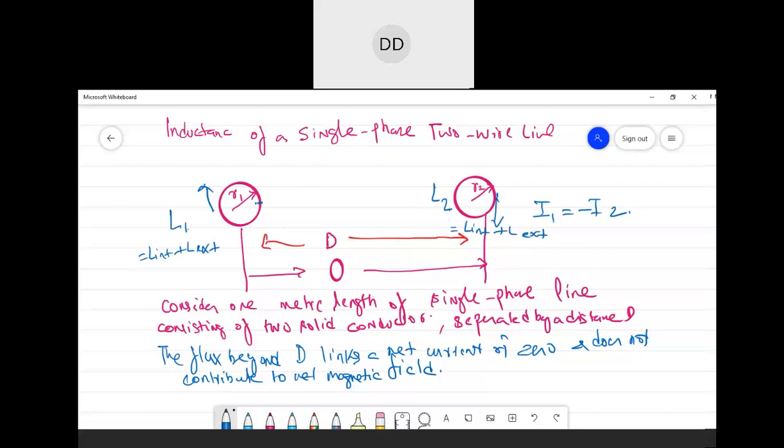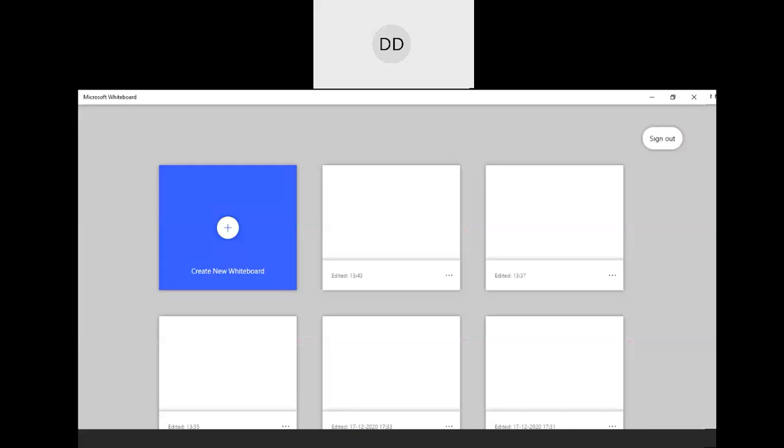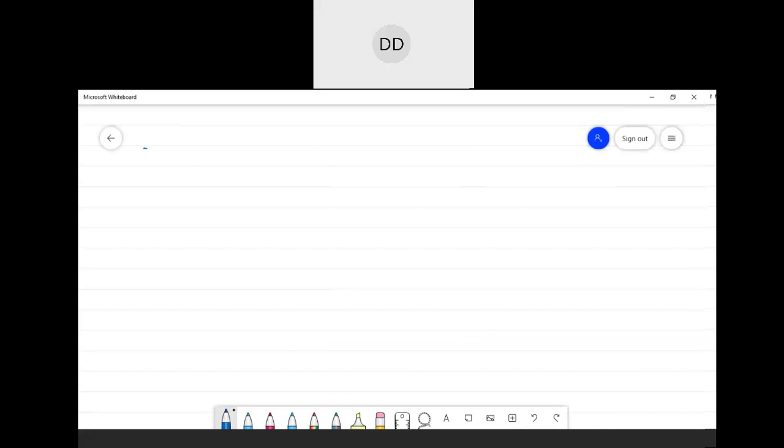So how do we calculate it? The inductance of a conductor is given by L1 equal to L internal plus L external, as simple as that.